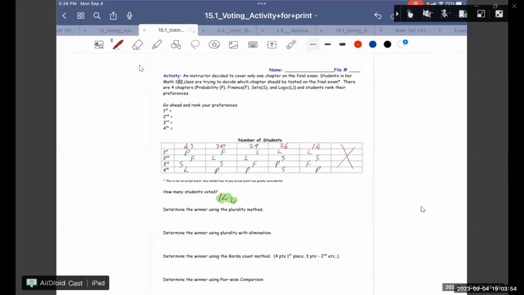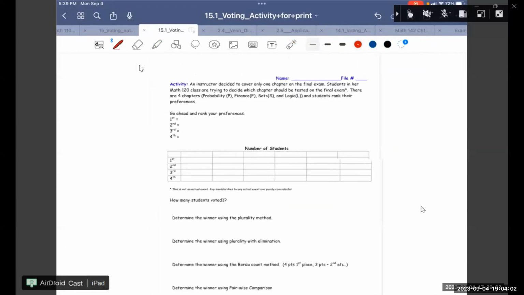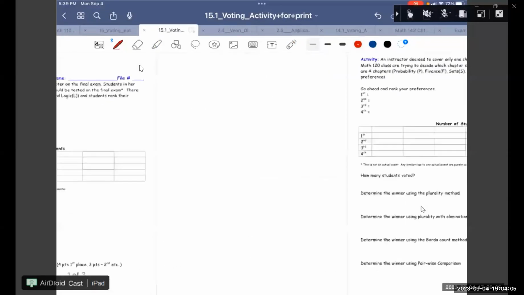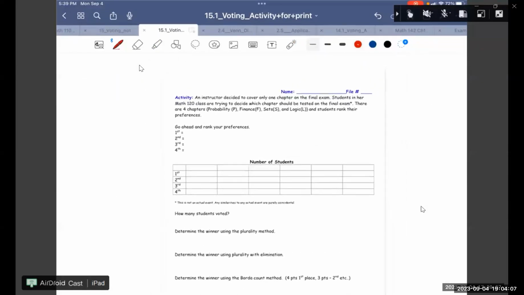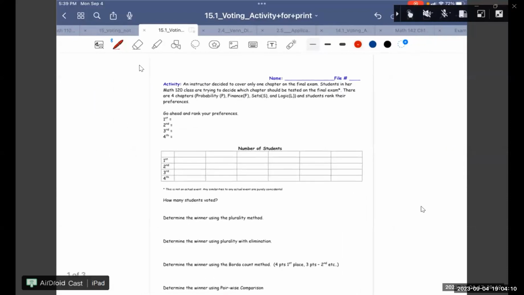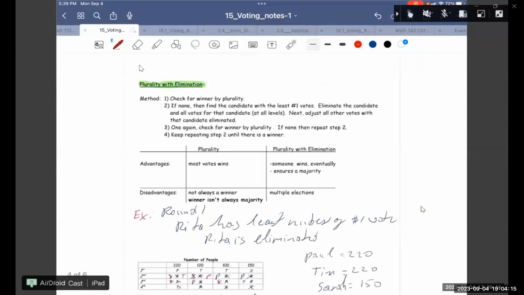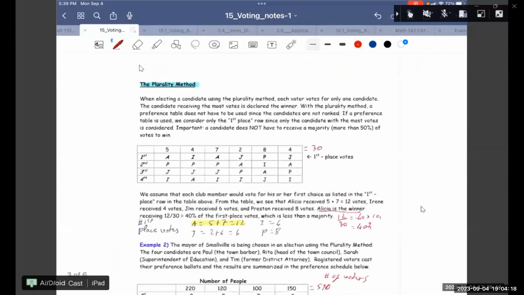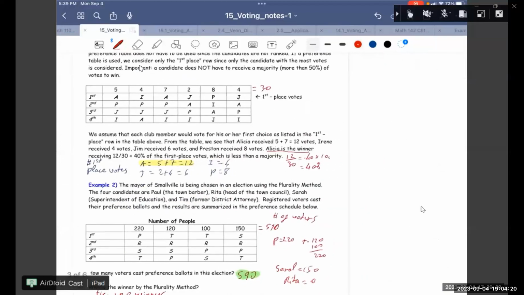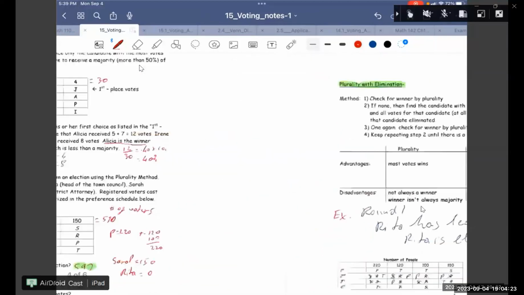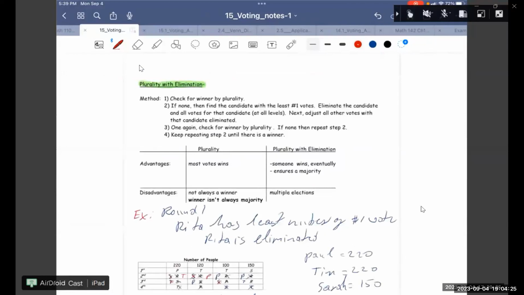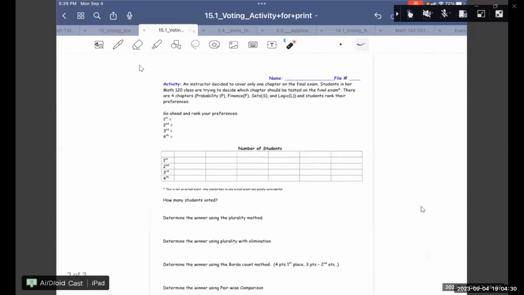So we have the plurality method, and we know the most votes is the winner. So right there, we can have this.